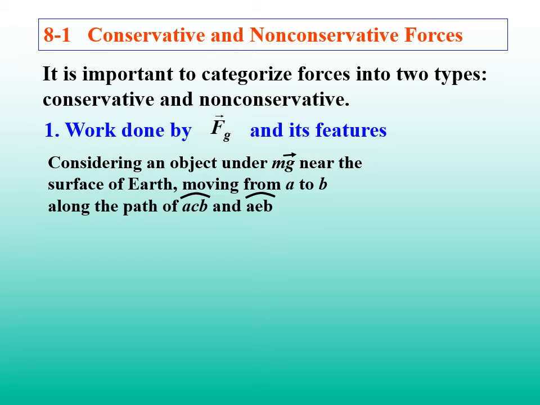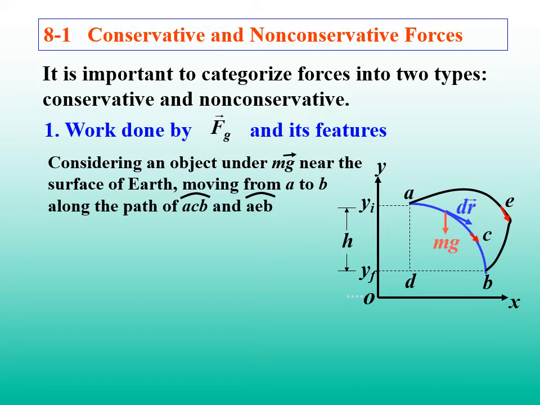Let's take a look at the work done by the gravitational force and its features. Consider an object under mg, the gravitational force near the surface of the Earth, moving from point A to point B along the paths ACB and AEB.